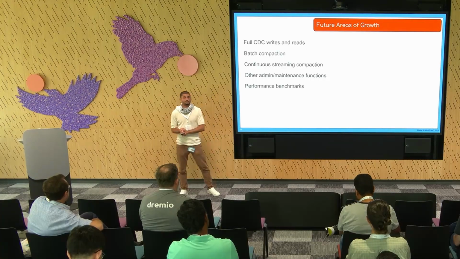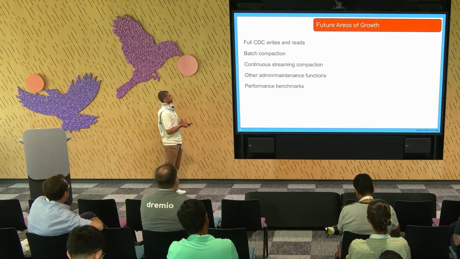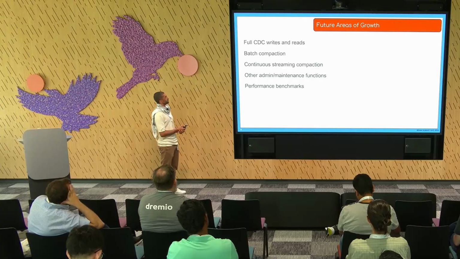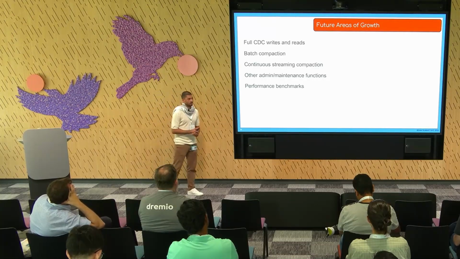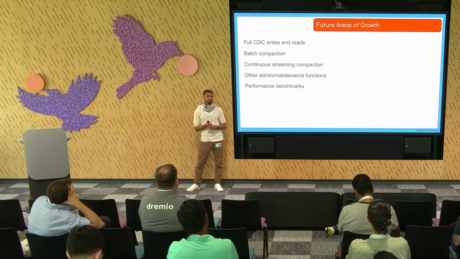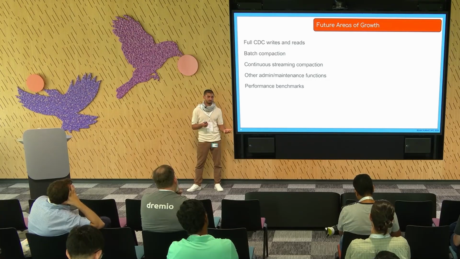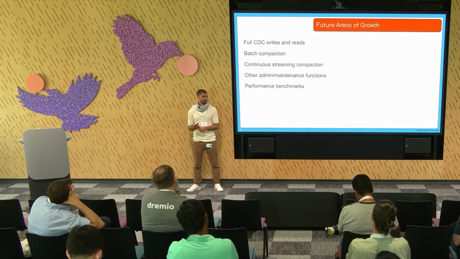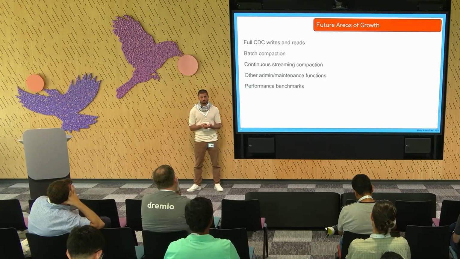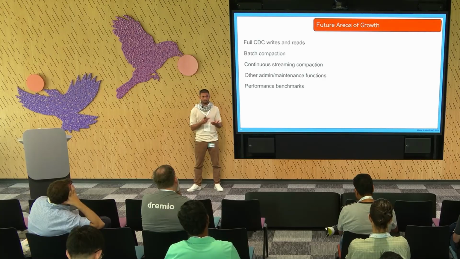Okay, so that's it for our IOs, and some future areas of growth that we're looking into is expanding our CDC capabilities to recognize updates and deletes, but also create a sink for CDC writes. We're also looking into compaction, whether it's batch or continuous compaction at the end of your streaming pipeline.